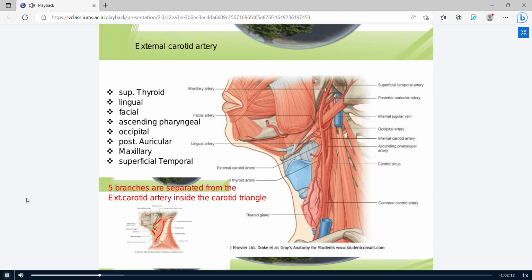Please name the 5 branches of the external carotid artery that arise inside the carotid triangle. I wait for your answer.